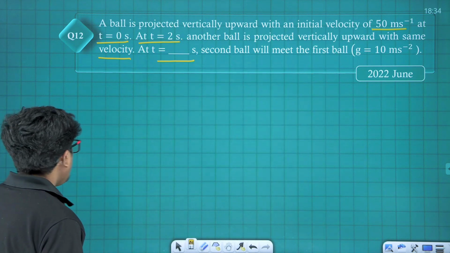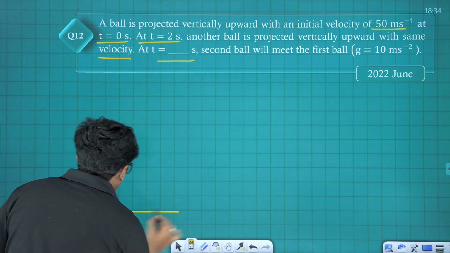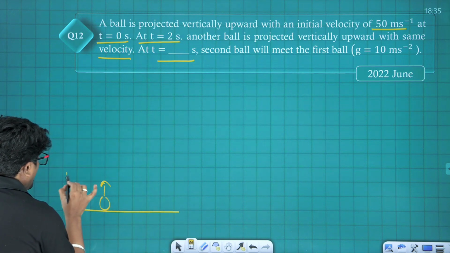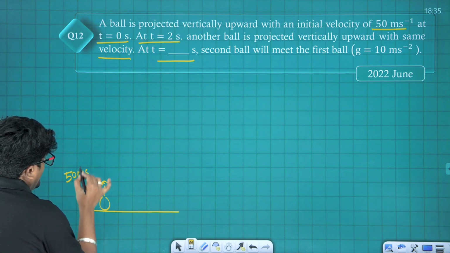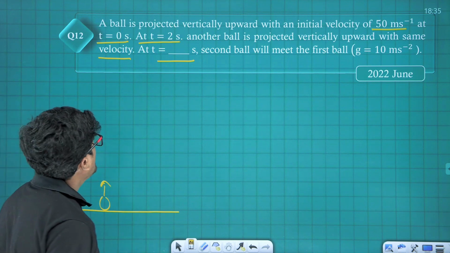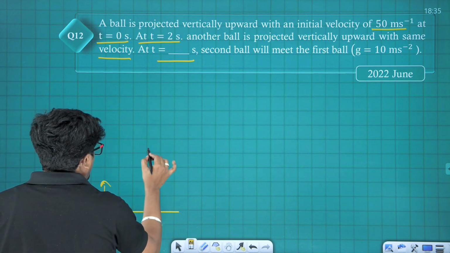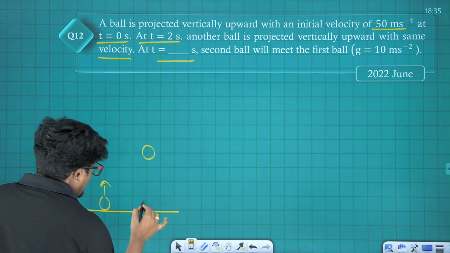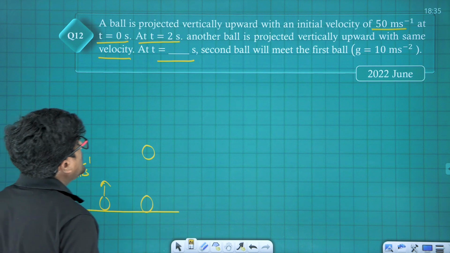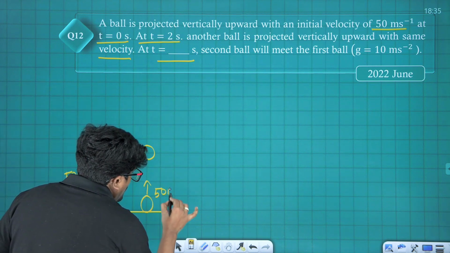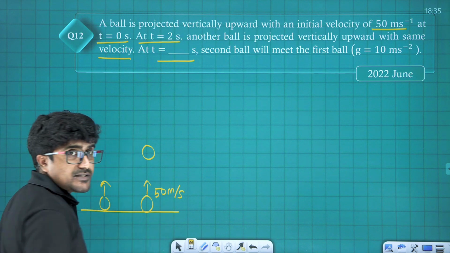That is the question. So here this is the ground and I am throwing the first ball with a speed of 50 meter per second. Now after 2 seconds, let me say the first ball is here and the second one is about to launch with a speed of 50 meter per second.